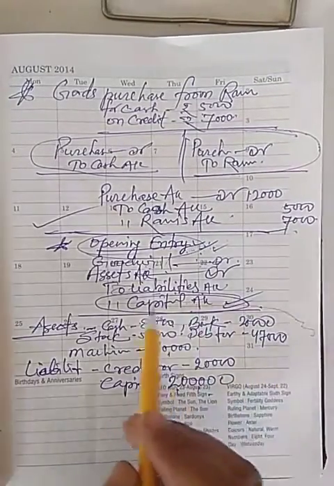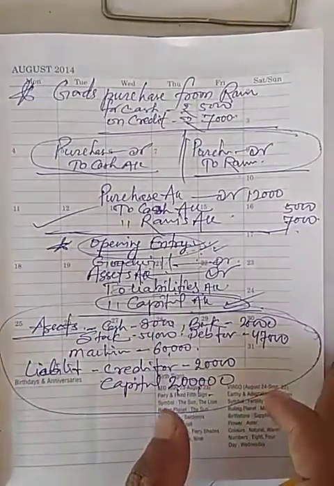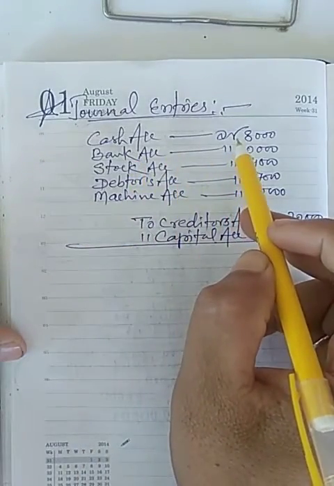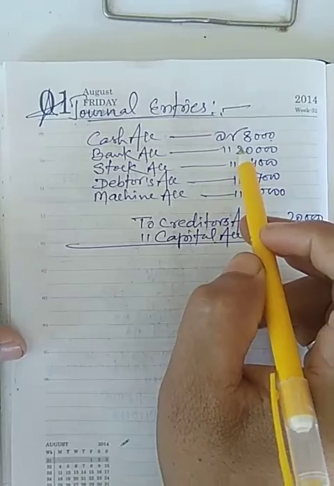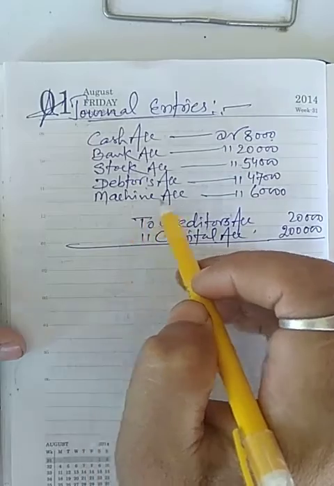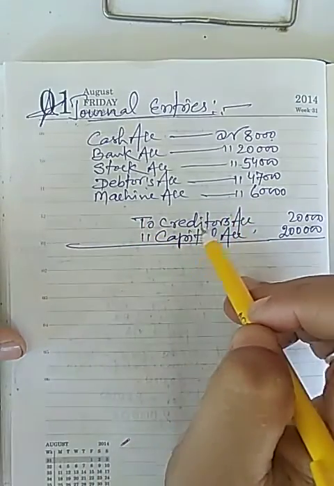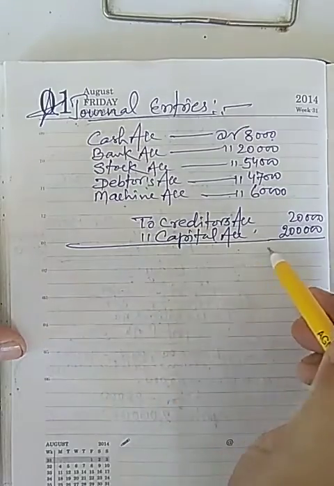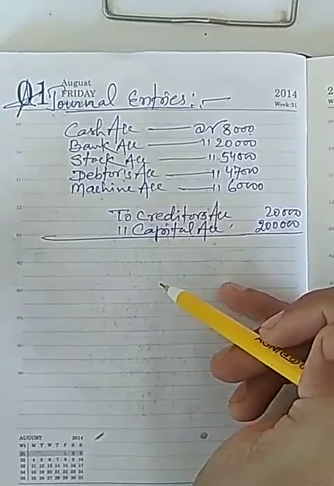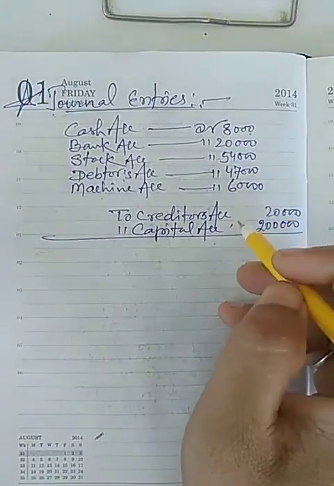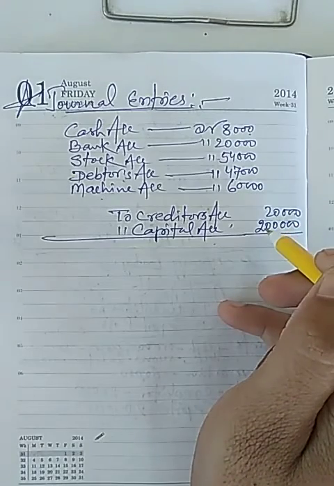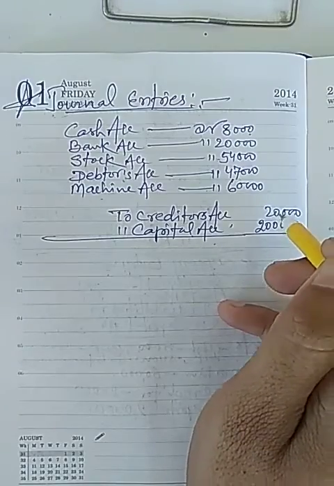Then journal entry will be cash account DR 8,000, bank account DR, stock account DR, debtors account DR, machinery account DR, to creditors account, to capital account. Now when I add total credit side, it is 2,20,000.